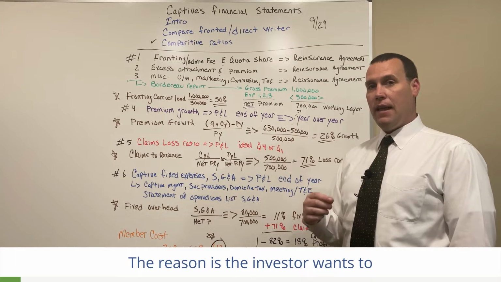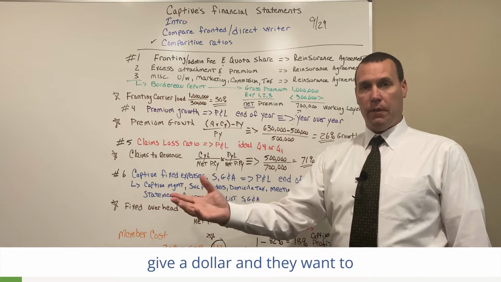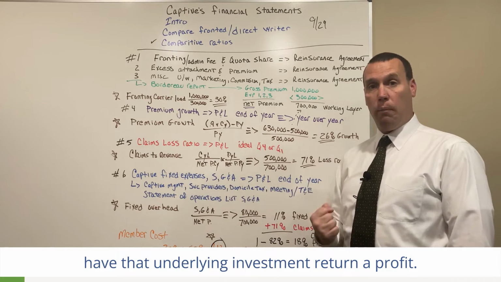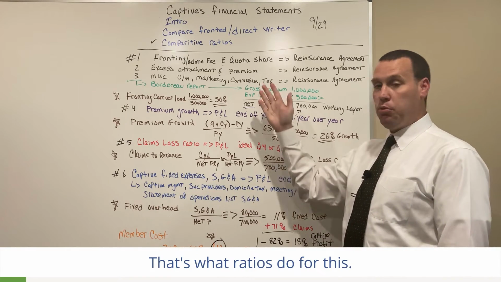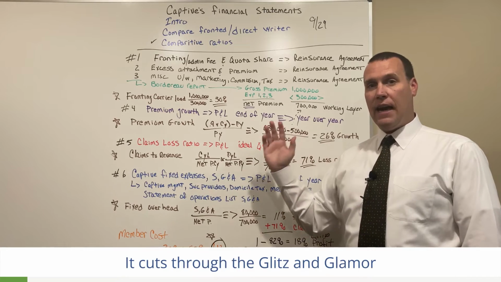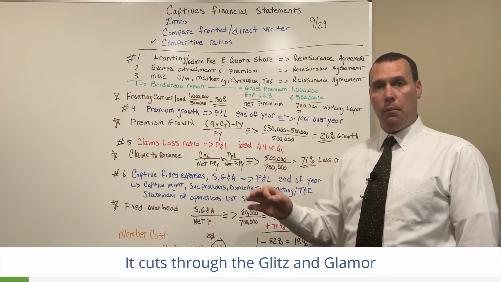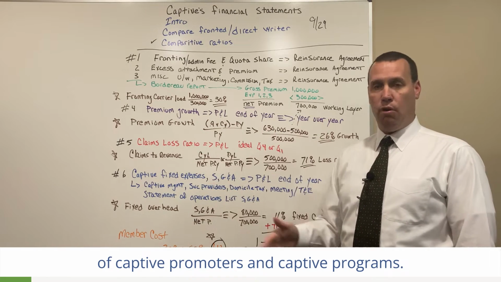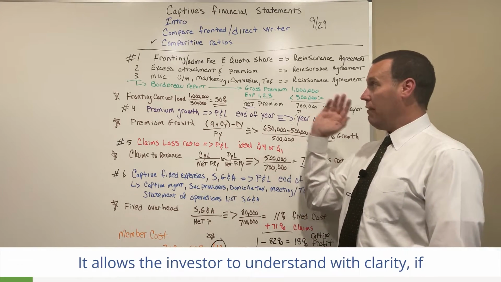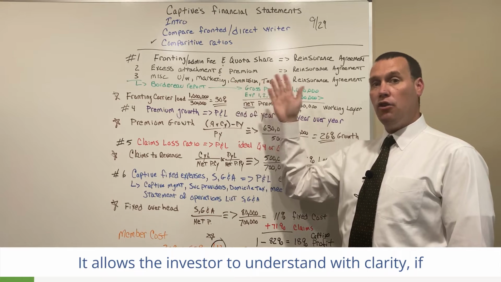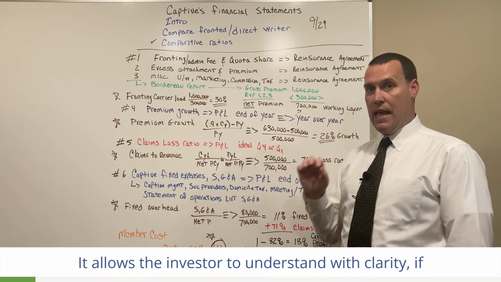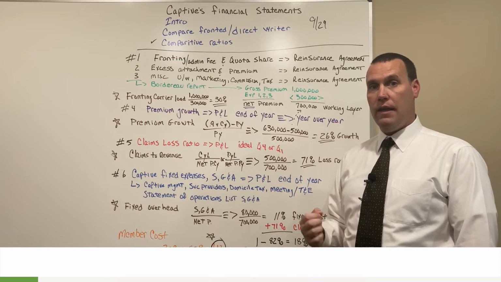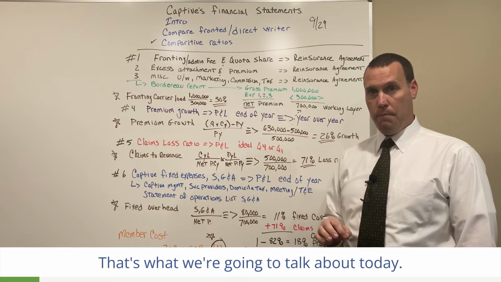The investor wants to give $1 and they want to have that underlying investment return a profit. That's what ratios do for this. It cuts through the glitz and glamour of captive promoters and captive programs. It allows the investor to understand with clarity, if I invest $1, what's my anticipated return? That's what we're going to talk about today.